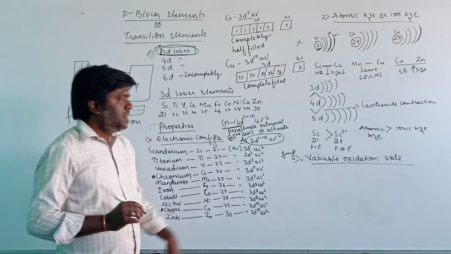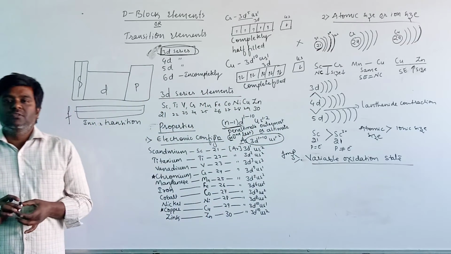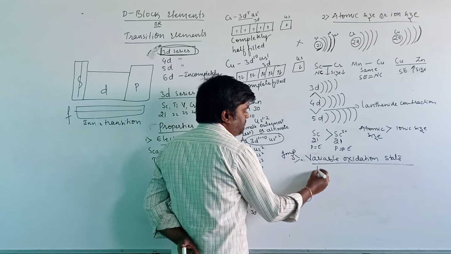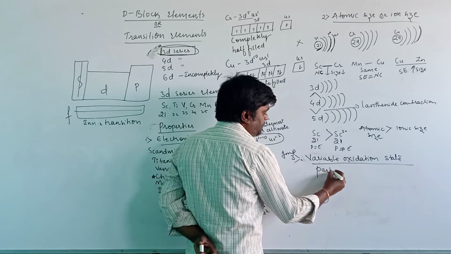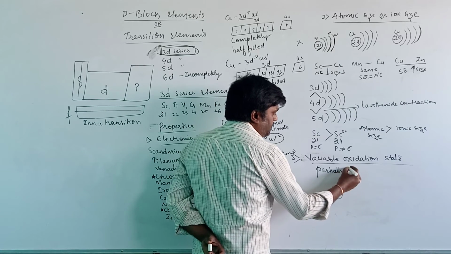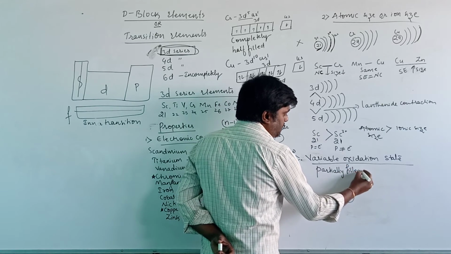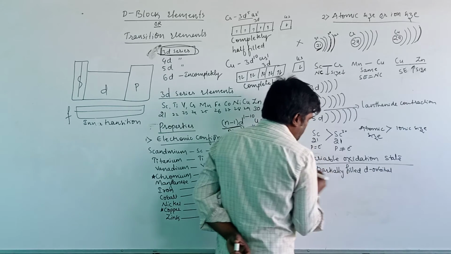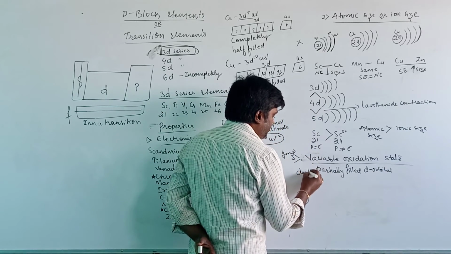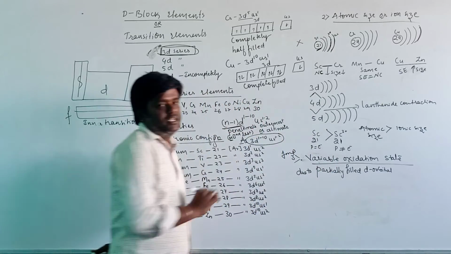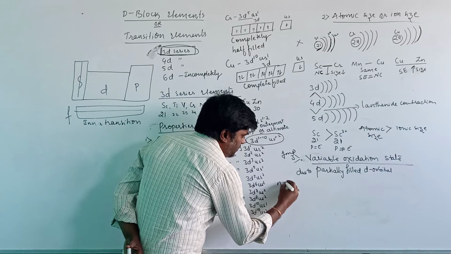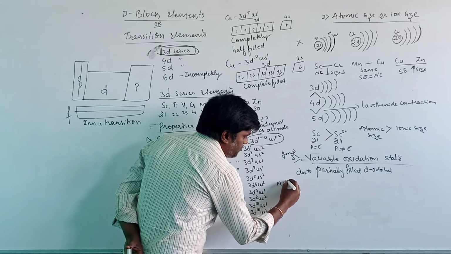The d block elements will show variable oxidation states due to partially filled d orbitals. When we compare the s-block elements, the electronic configuration is ns1 to 2.